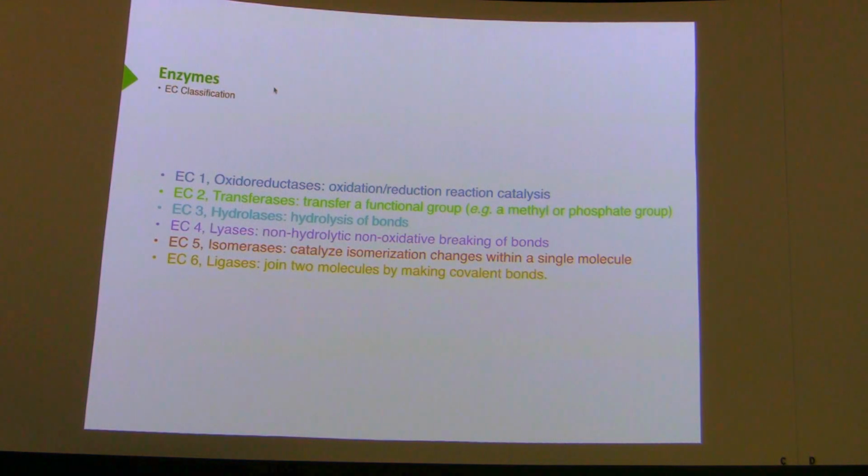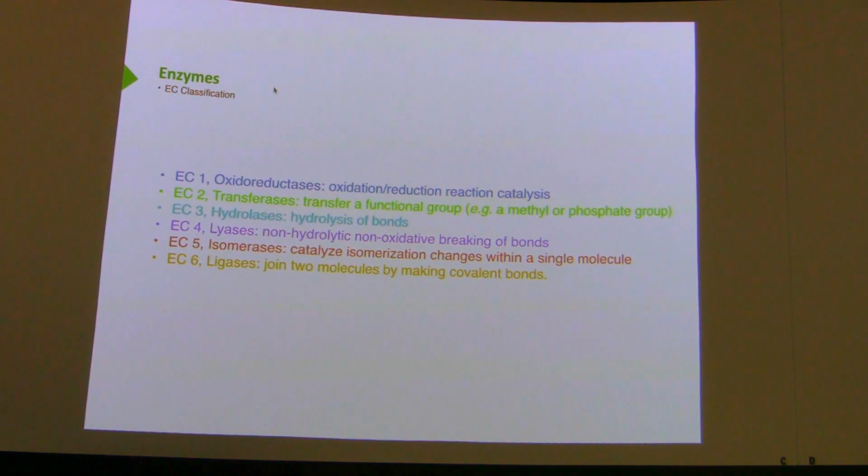One of the attempts to systematically deal with some of the issues or concepts in biochemistry was to systematically organize the enzymes. And so there was an enzyme commission that sat down and said, well, if we think about all the different kinds of enzymes and the reactions that they categorize, how can we classify them and how can we organize them in some systematic fashion?